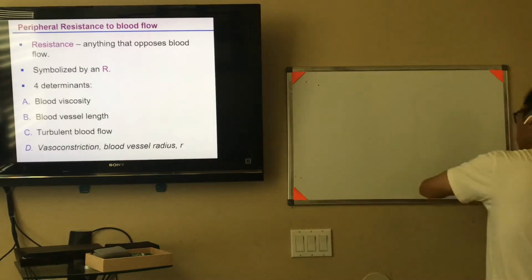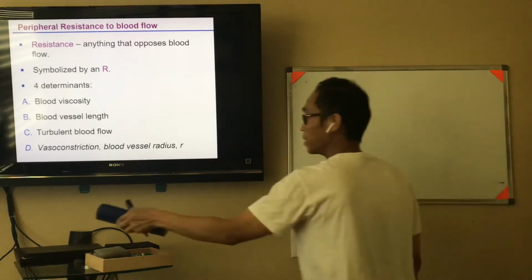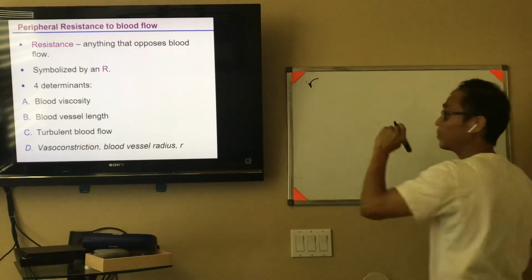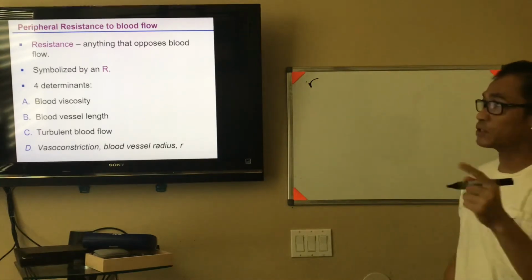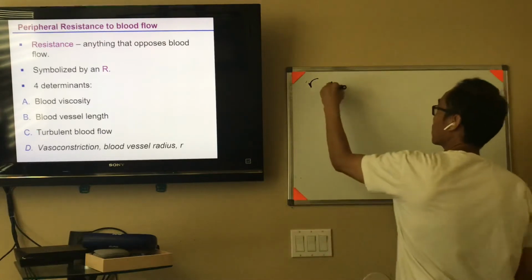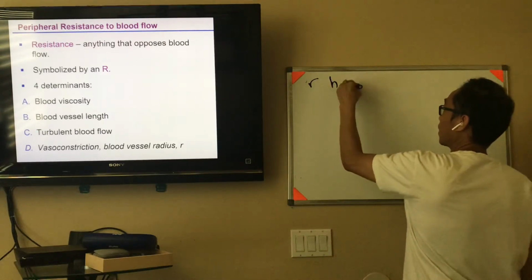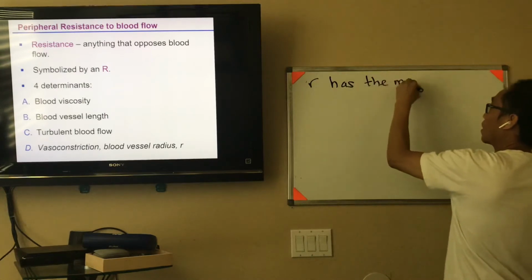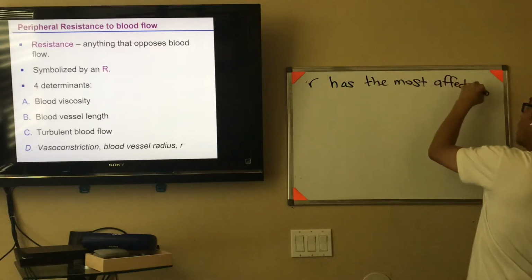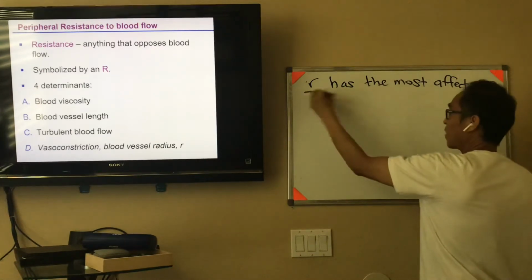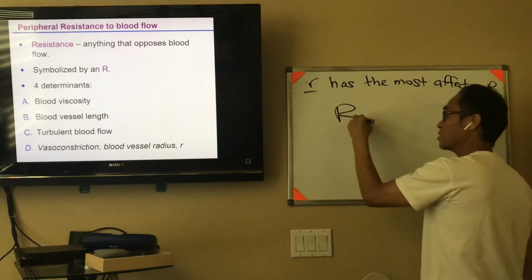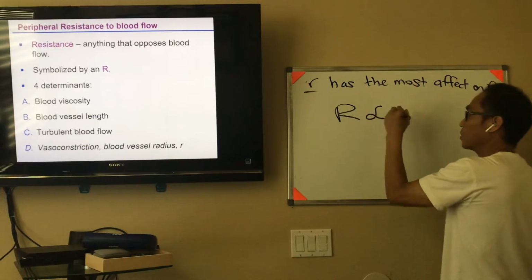So what I'll say is that vessel radius, little r, not to be confused with big R, capital R, which is overall resistance, has the most effect on big R. Okay, so little r has the most effect on big R. In fact, how they write about it in your book is peripheral resistance is inversely proportional to vessel radius.